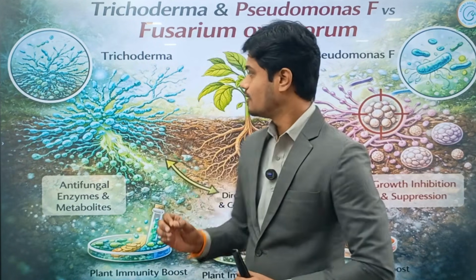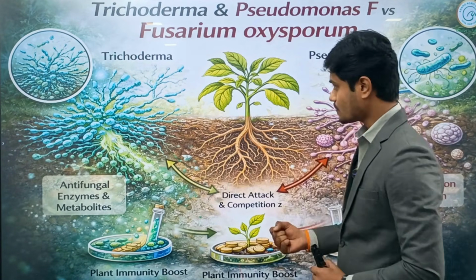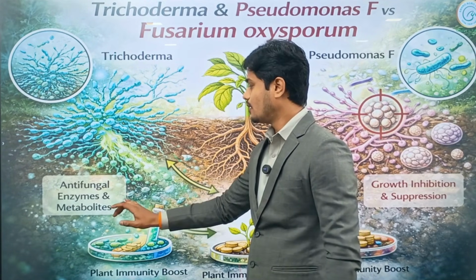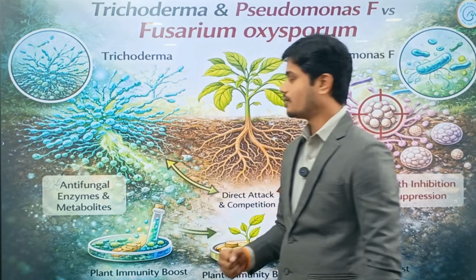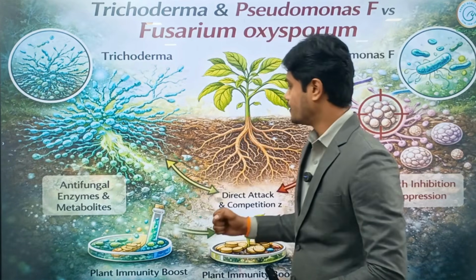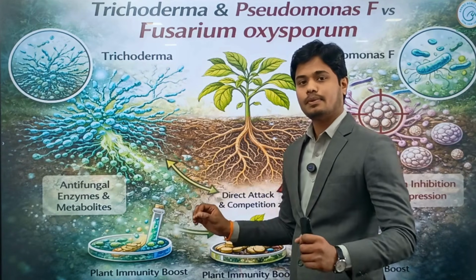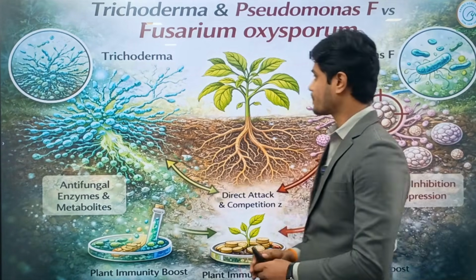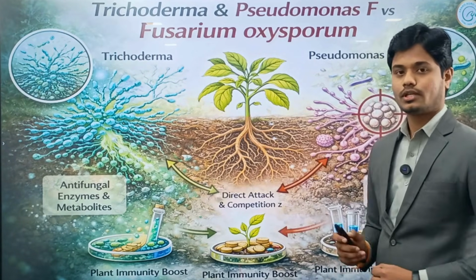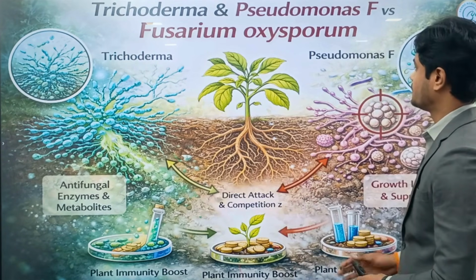As a result, Fusarium oxysporum may not replicate or establish itself. Again, Trichoderma viride has antifungal activities and enzymes that can break down the pathogen Fusarium oxysporum, and also, Trichoderma viride and Pseudomonas fluorescens can increase plant resistance. Therefore, you need to use Trichoderma viride or Pseudomonas fluorescens for controlling Fusarium wilt.